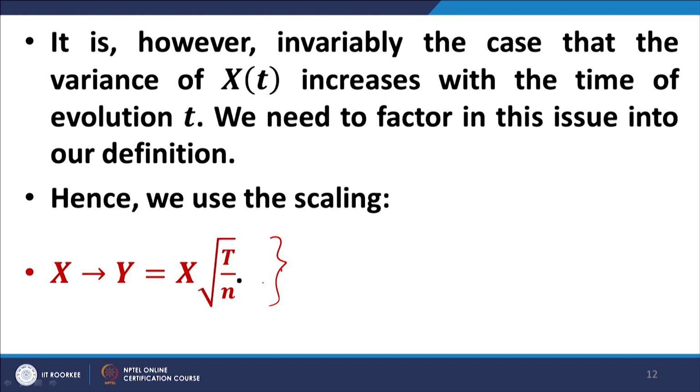What does it mean? It means that the jump size, instead of being plus minus 1, is now plus minus under root t upon n. I repeat, instead of the jump size being plus minus 1 which we started with, we are now looking at a jump size of plus minus under root t upon n. Remember, the time step continues to remain at t upon n.